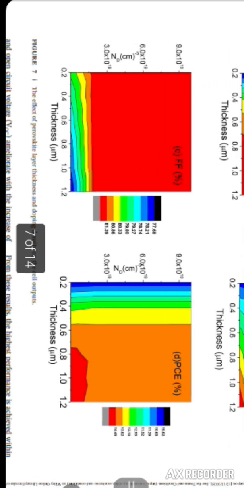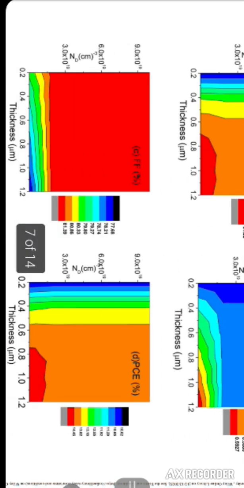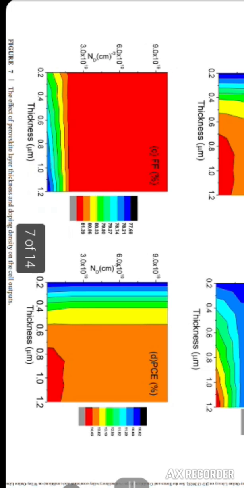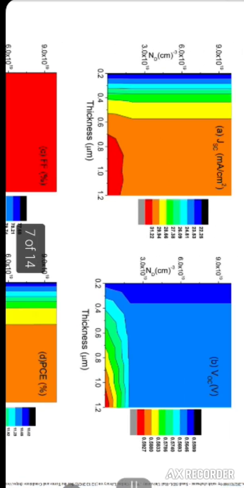The same goes for the power conversion efficiency. The fill factor is not affected a lot by the thickness; it's affected more by the doping density. The V open circuit is also affected by thickness and doping density, in the range 0.55 to 0.59.